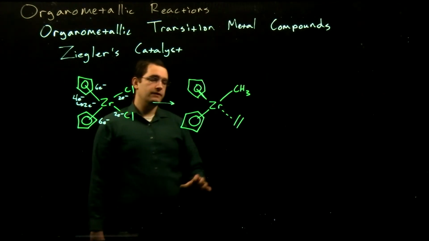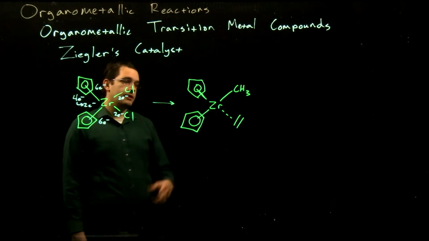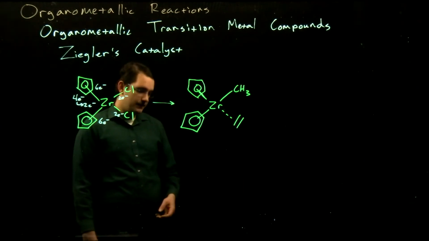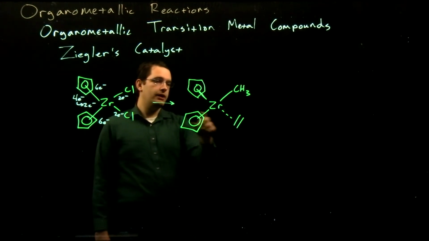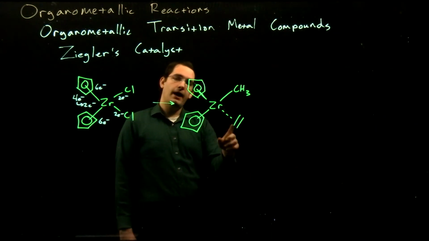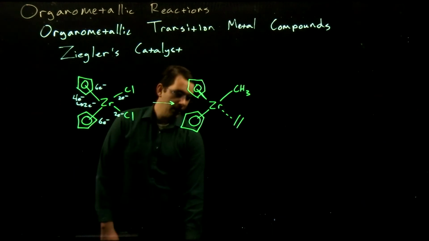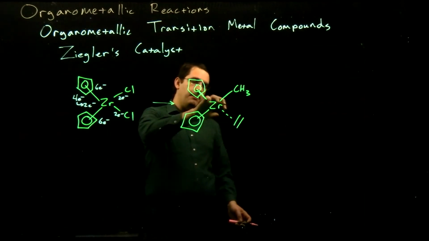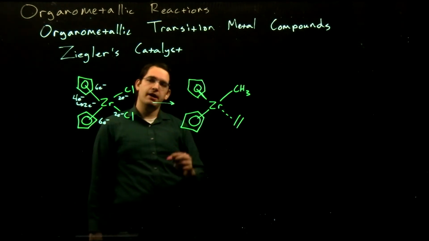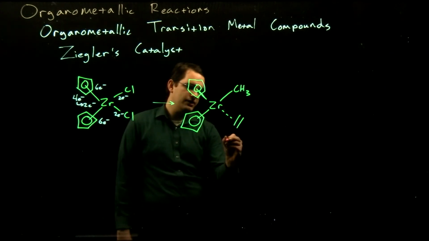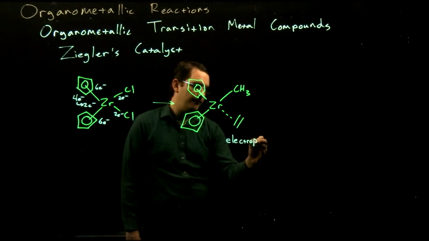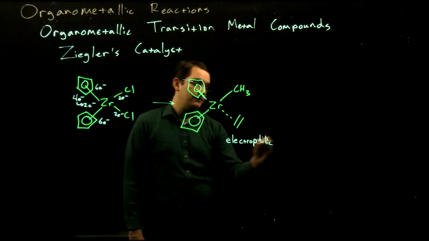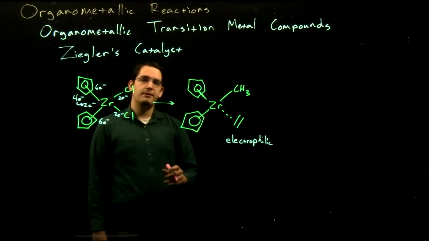We can use this zirconium complex to catalyze an interesting polymerization reaction. So if we remove these chlorines and instead coordinate our zirconium with the pi electrons of a double bond, since we're going to be pulling electron density away and sharing it with our zirconium ion, we essentially make our alkene here more electrophilic. Right? So our alkene becomes more electrophilic.